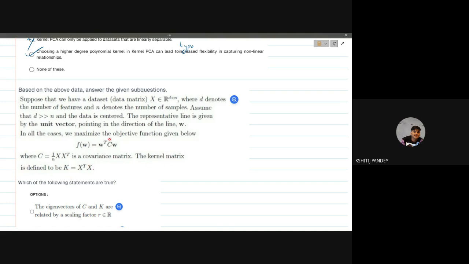So in this case, when D is very large compared to N, we do not use the covariance matrix, right? We instead use X transpose X, correct? Find its eigenvectors, and from its eigenvectors, we move to eigenvectors of C. Is that clear? Do you remember that?